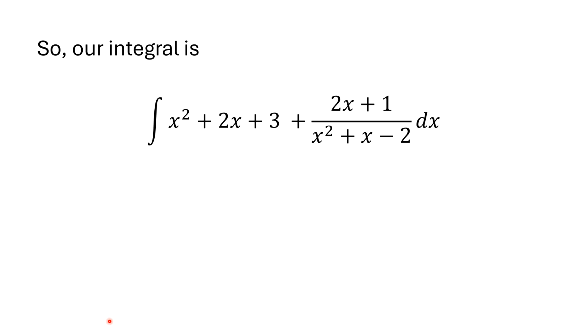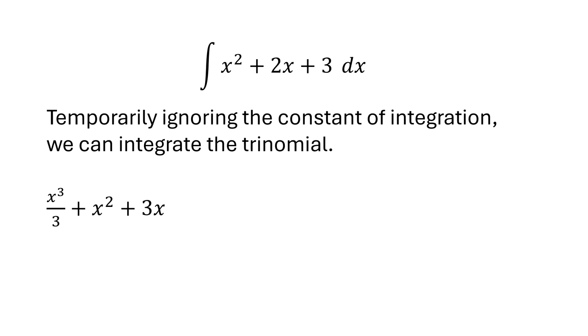So now let's take a look. We're going to look at this part, temporarily ignoring the constant of integration because we will have one constant of integration at the end of the problem. I'm not going to write plus C1 plus C2 and add them together. We're just going to say plus C at the end.